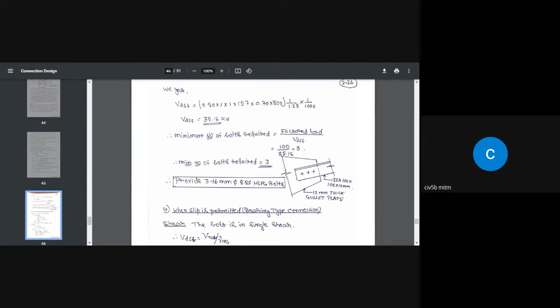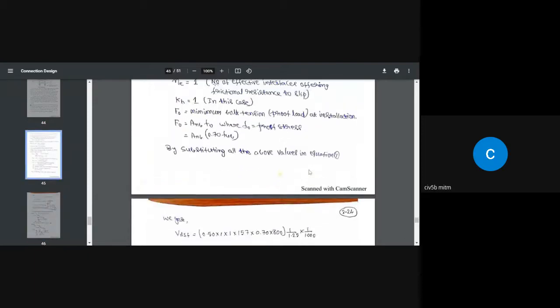Next part is when slip is permitted. Slip is permitted means that even after tightening, accidentally or for some reason, there is going to be a slip. Whenever there is a slip, the bolt is going to come in contact with the side of the gusset plate as well as with the side of the angle.